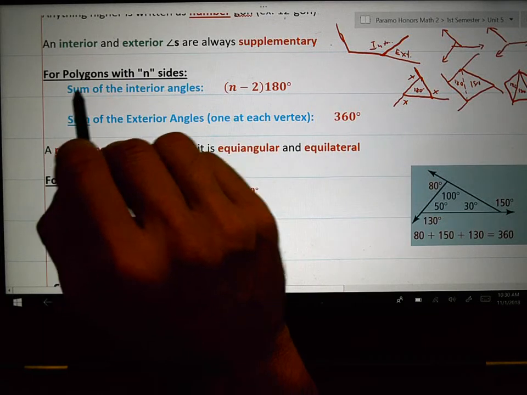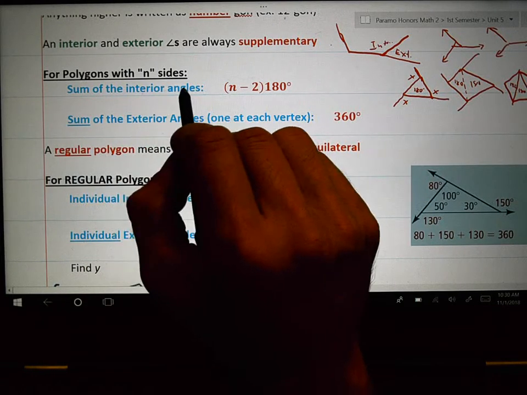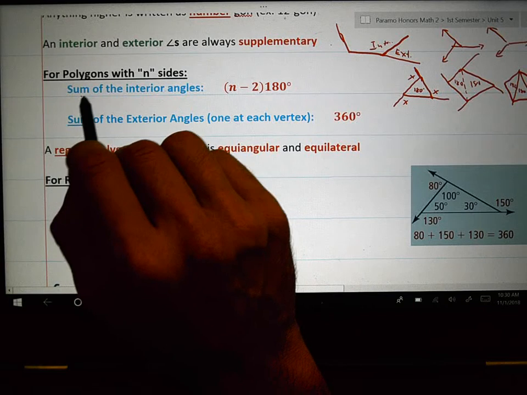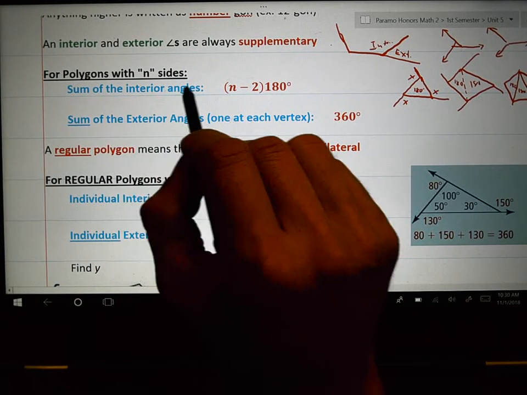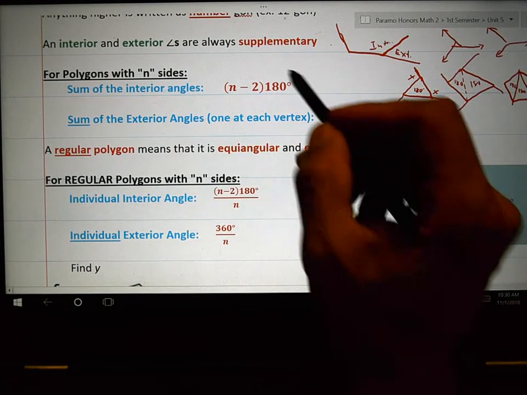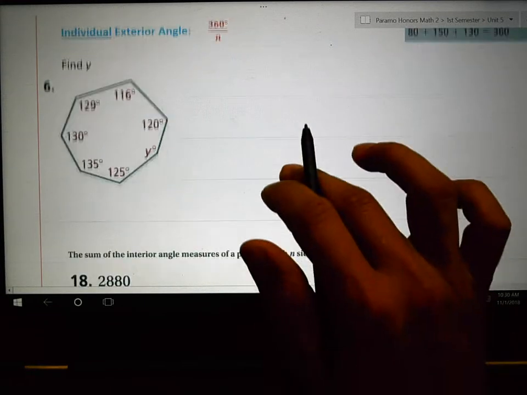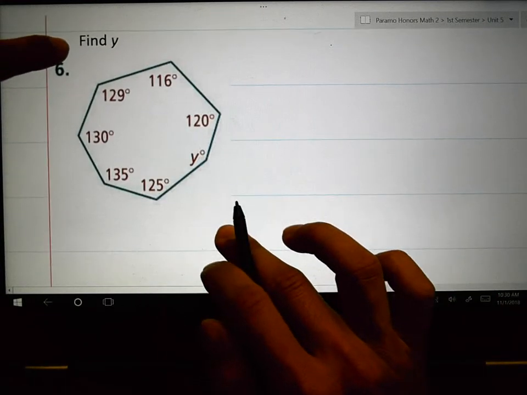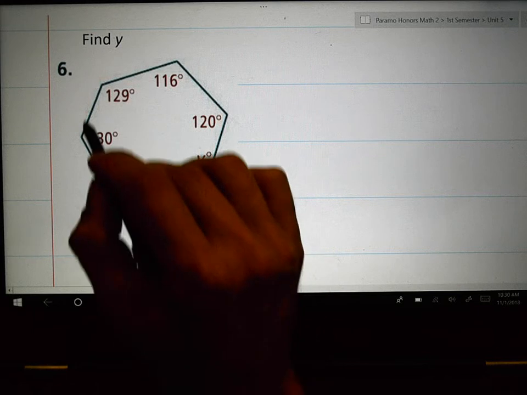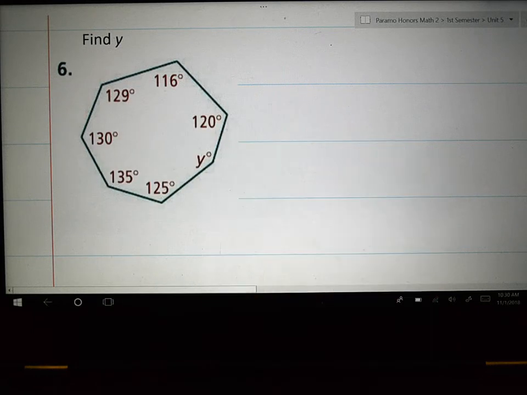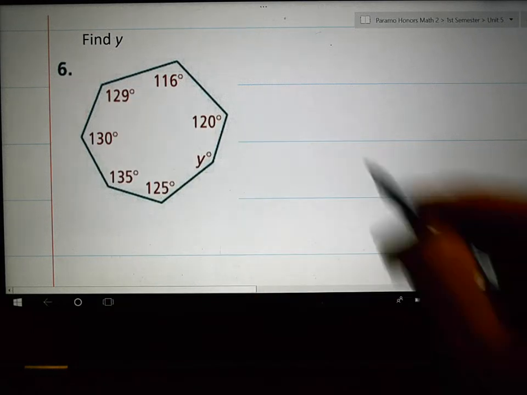The sum of the interior angles, adding up all the inside angles, will add up to a total of whatever this value is. So if I look at number 6, how many sides does it have? Let's start counting. 1, 2, 3, 4, 5, 6, 7. This is a heptagon. 7 sides.